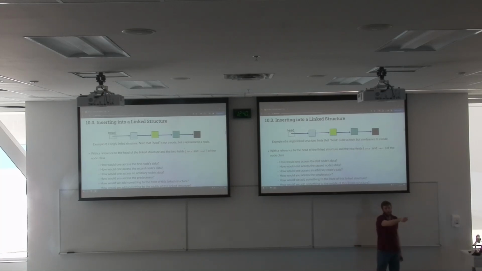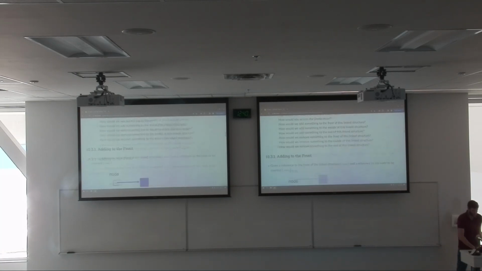It's like imagine that row right there, right? If I wanted to put someone in your seat, I'd have to move everyone down to make room, so that your seat would be empty that someone else could sit in. That's the idea. With a link structure, I don't need to do any of that moving at all. I just need to be clever with how I update my reference variables.